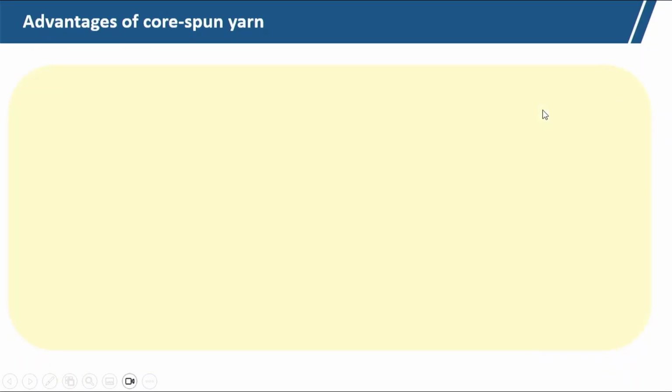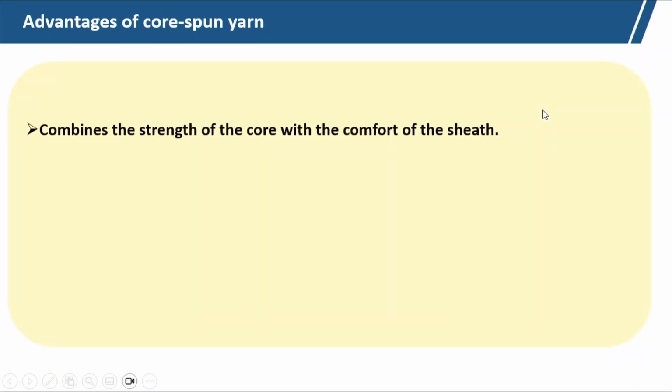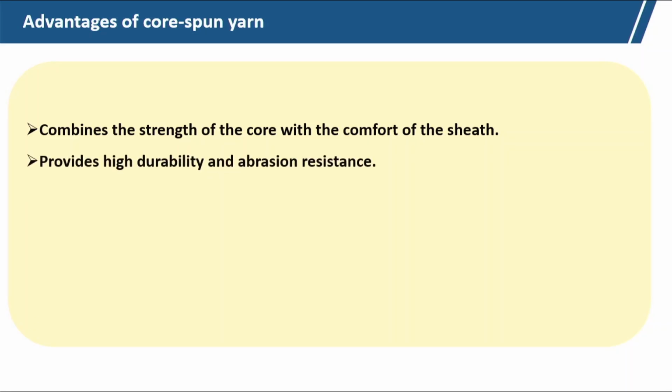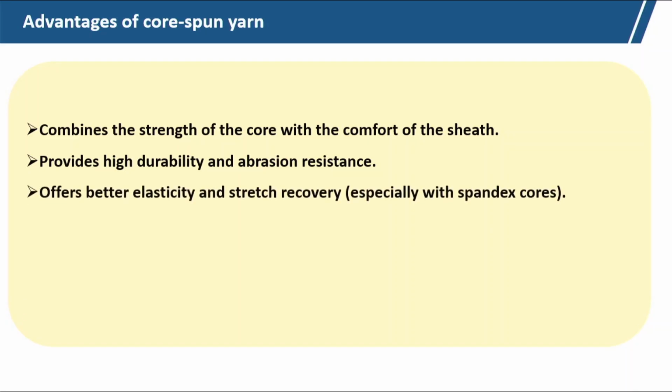The advantages are that it combines the strength of the core with the comfort of the sheath. This provides high durability and abrasion resistance, and offers better elasticity and stress recovery, especially for an elastane core like spandex.